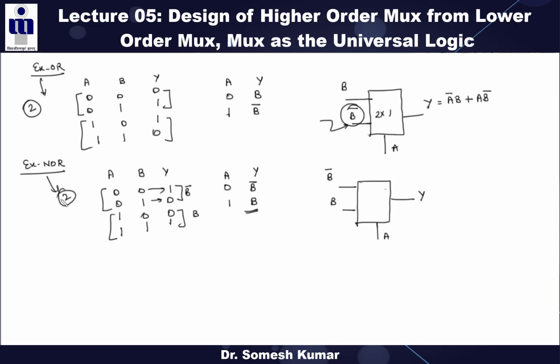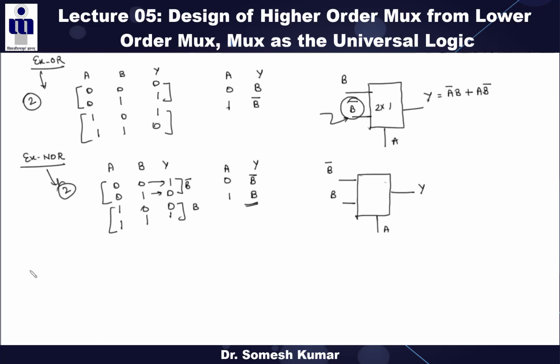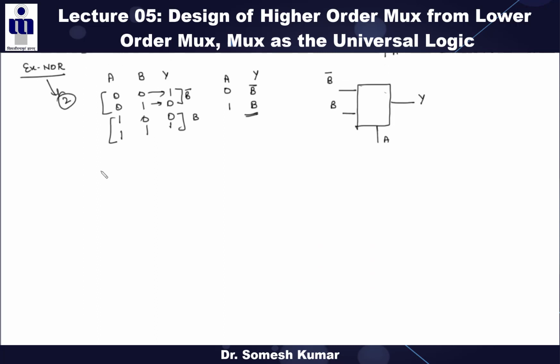XNOR gate. Now the question is, as I told you at the start of combinational logic, this is your half adder. How many 2:1 mux are required to implement the half adder? Can anyone tell me? These are the two inputs of the half adder.